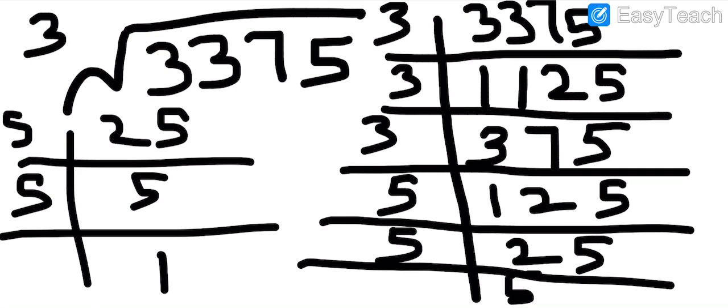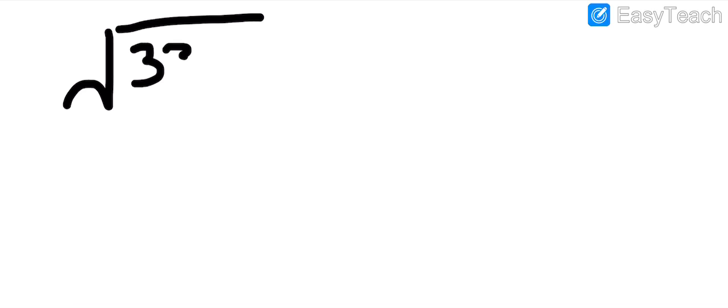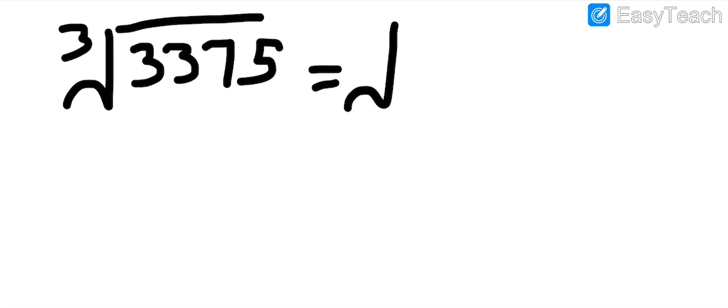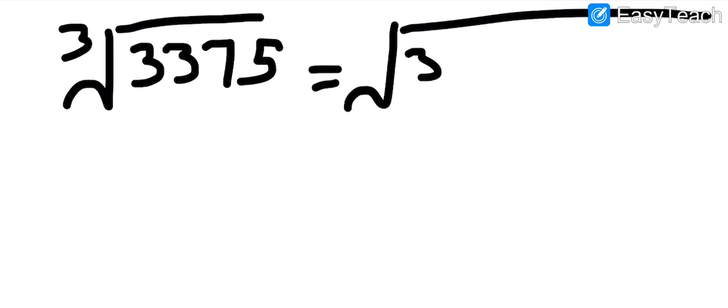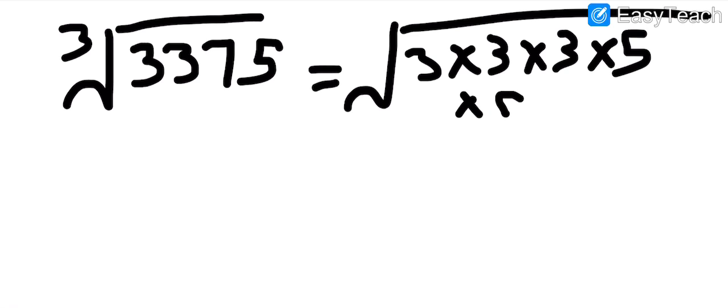So how many times we have 3s and how many times we have 5s? We have 3 3s, we have 3 5s for the number 3375. So it means cube root of 3375 is equals to 3 into 3 into 3 into 5 into 5 into 5.